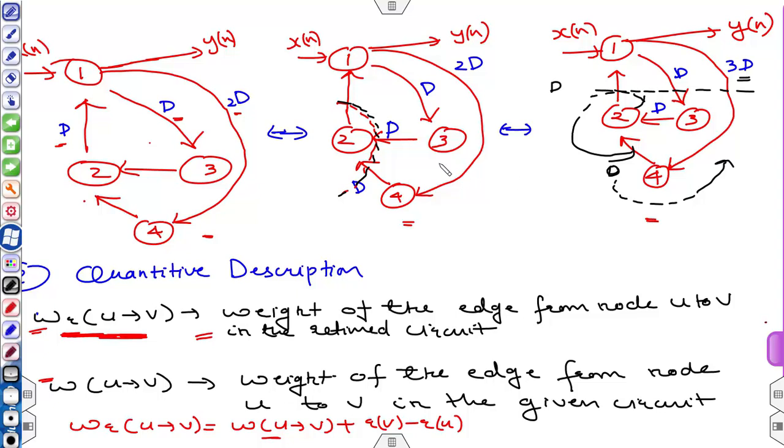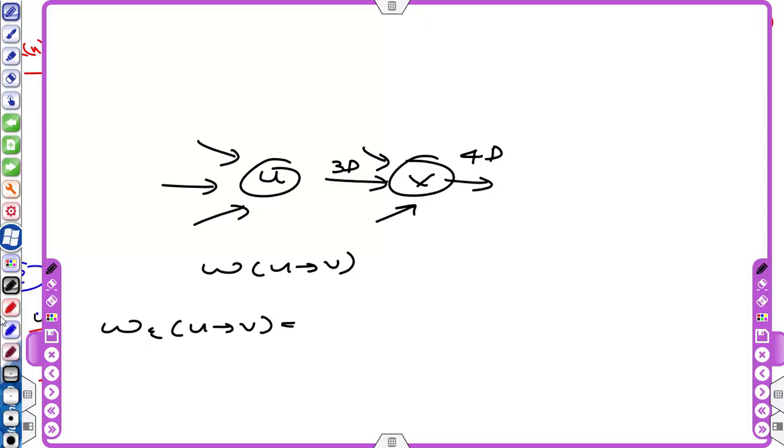So what you are doing is taking out a delay element from the outgoing edge and adding the delay element to all the incoming edges of that particular node, and you are doing this for all the nodes. So this is the concept of r(V) and r(U).